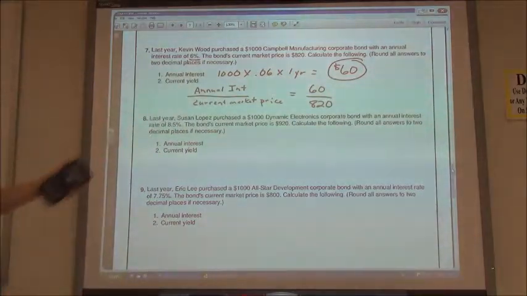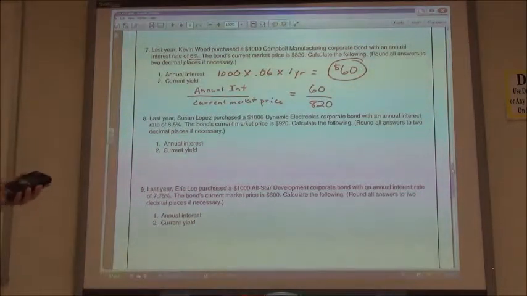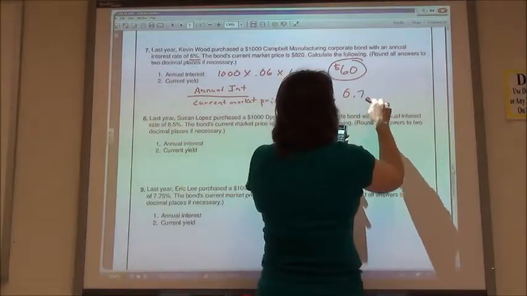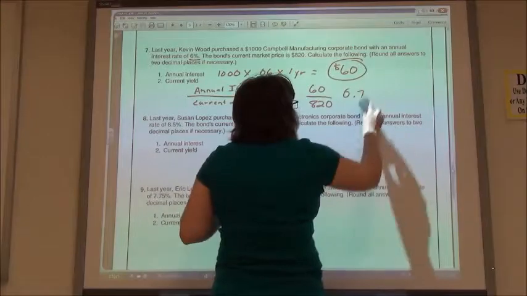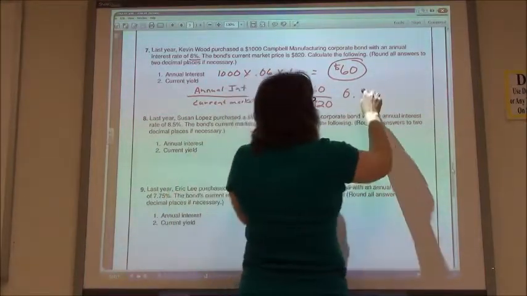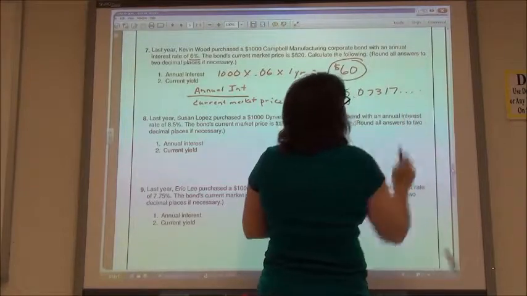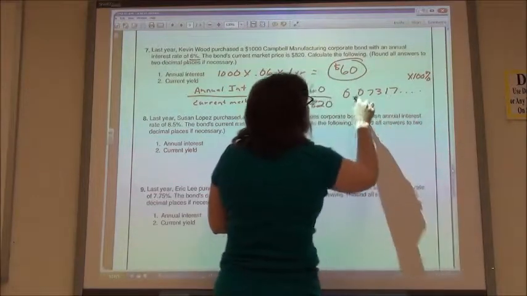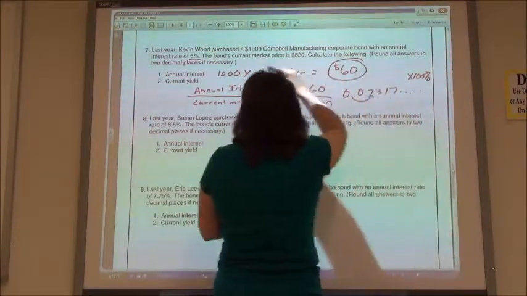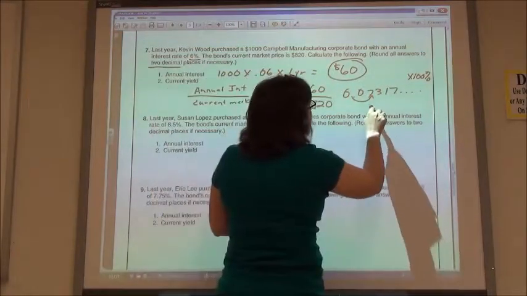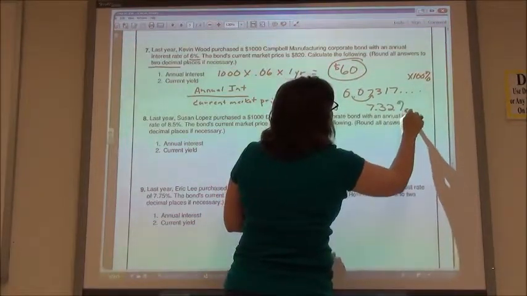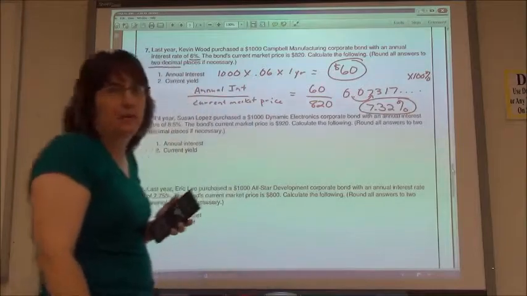Now this is going to be a percentage, so expect to get a decimal and then have to change it to a percent. 60 divided by 820, which was my current market price, gives me 0.07317, and so forth. I have to change that to a percent, so I'm going to multiply it by 100, which moves my decimal 2 places, and then I'm rounding to 2 decimal places, so I'm going to say 7 point, and I have 317, so I've got to round that up to 2. 7.32% would then be my current yield.